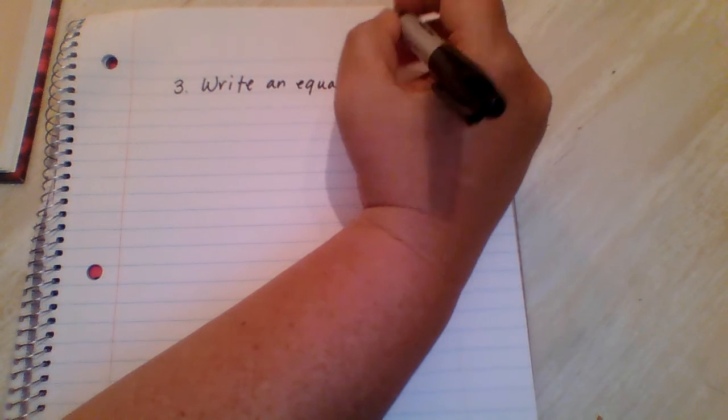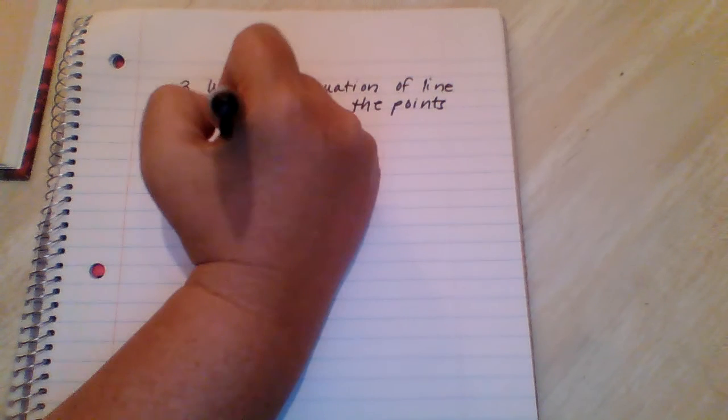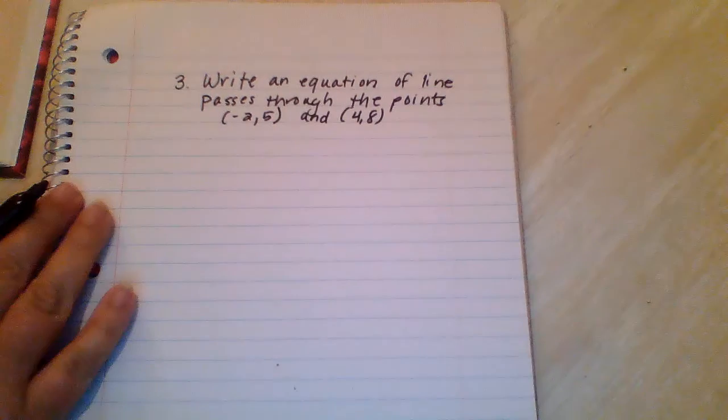Finally, for our third example, we are going to write an equation of a line that passes through the points (-2, 5) and (4, 8). Okay?